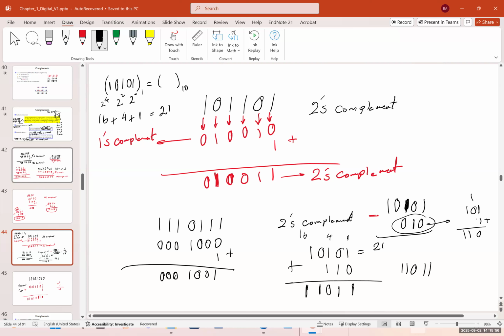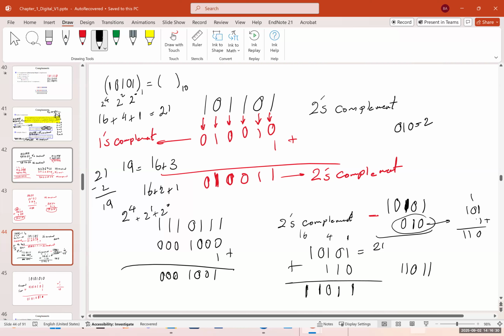What is 0, 1, 0 equal to? 0, 1, 0 is equal to 2. 21 minus 2 is equal to what? What is 19 in binary? 16 plus 3, or 16 plus 2 plus 1. 16 is 2 in the power of 4. 2 is 2 in the power of 1.